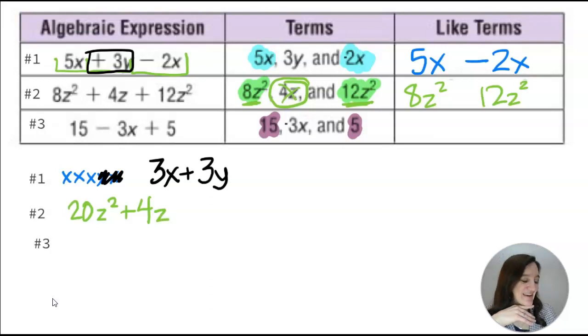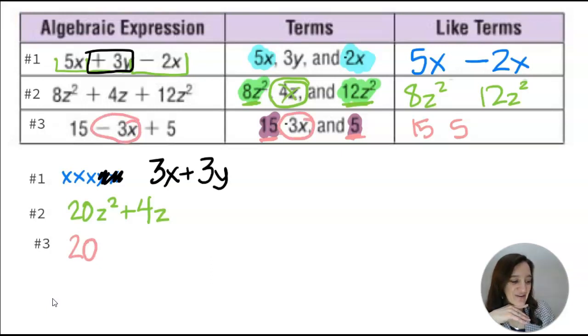Kind of cool? All right, and this one we have a 15 and a 5. If I combine a 15 and a 5, that gives me 20, doesn't it? But I still have that negative 3x right here that couldn't combine with anything else. So now we have 20 minus 3x.